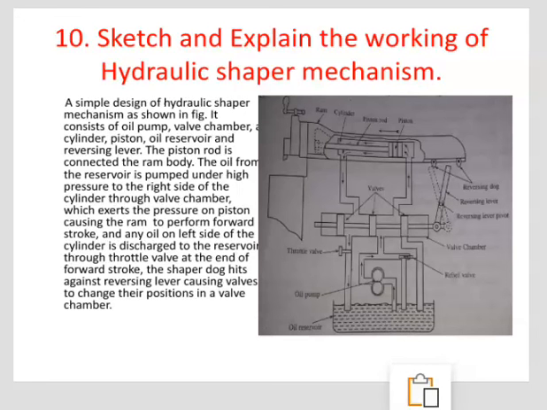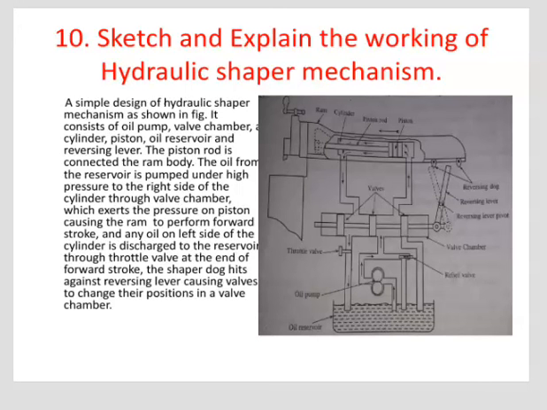forward stroke, and any oil on the left side of the cylinder is discharged to the reservoir through the throttle valve at the end of the forward stroke. The shaper dog hits against the reversing lever, causing valves to change their position in the valve chamber.